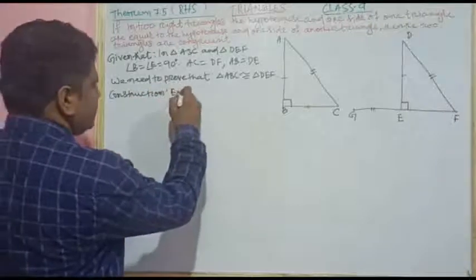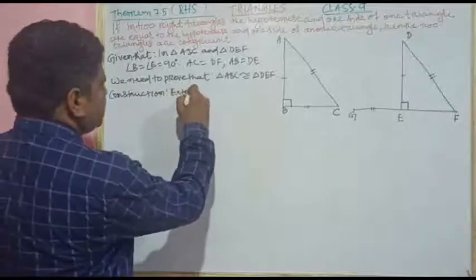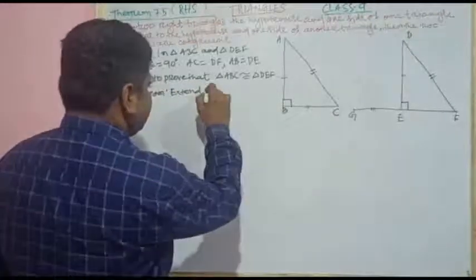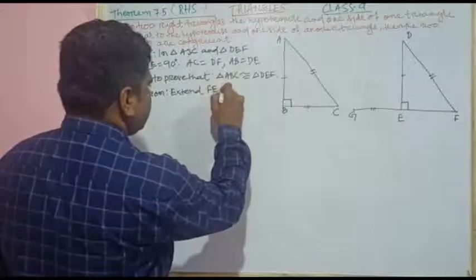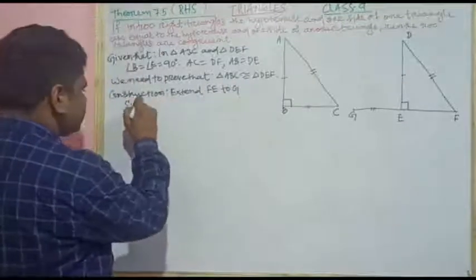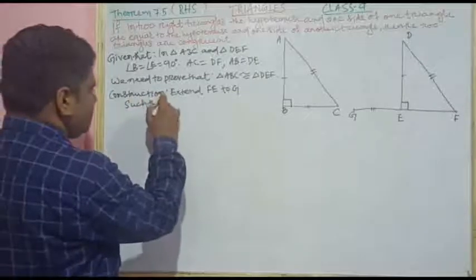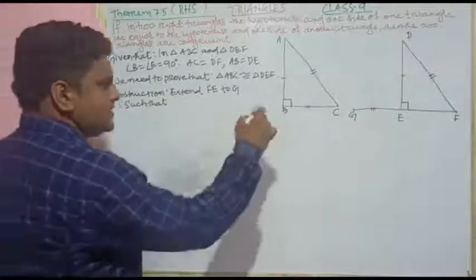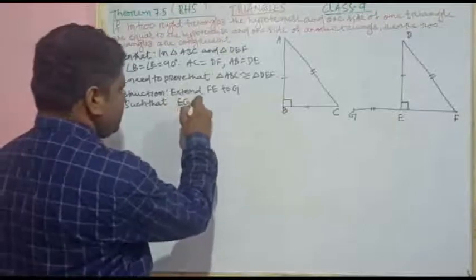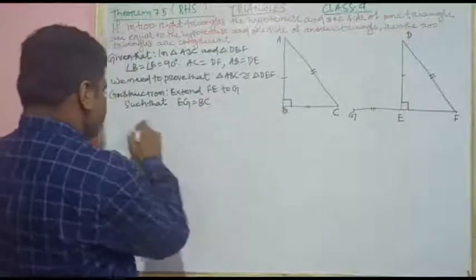Extend or produce FE to G such that BC equal to GE, or EG is equal to BC.